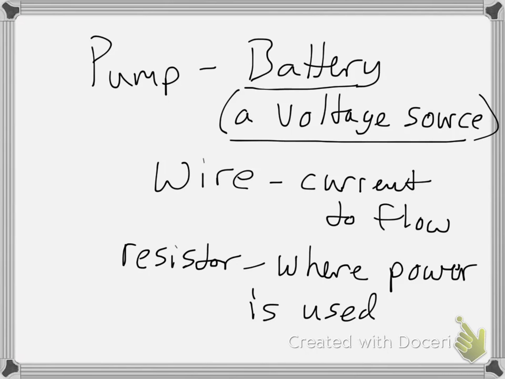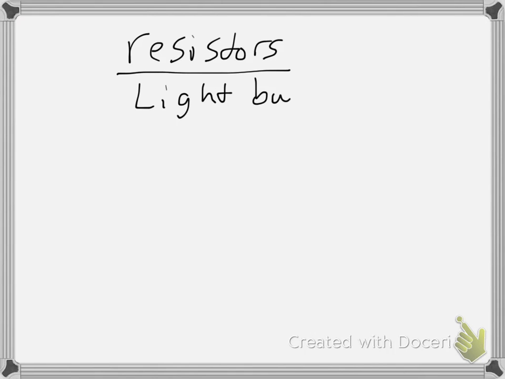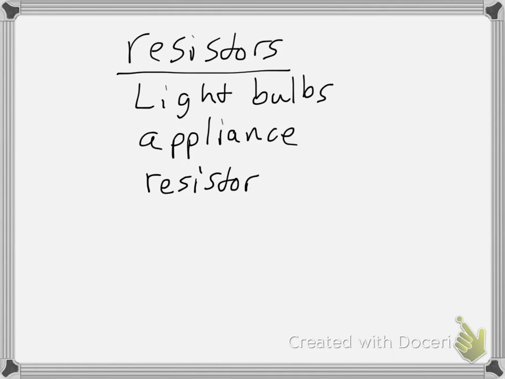Resistors come in things like light bulbs, anything that you can hook into an outlet, essentially, so your microwaves, washer, dryer, anything like an appliance. Or in some circuits, especially small circuits and in computers, there are actually literal circuit devices called resistors.